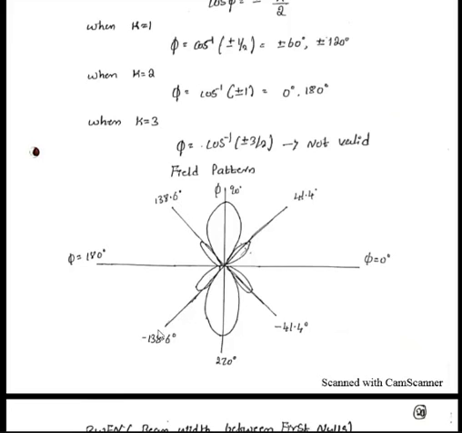In the same way, minus 138 and minus 41.4 degree. These are all the pattern maxima, the maximum beam directions.